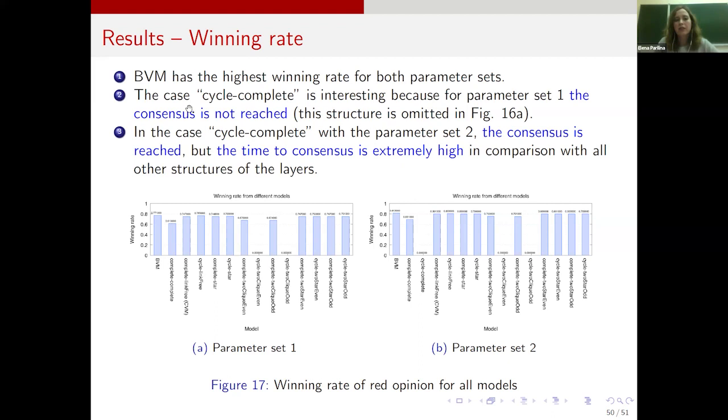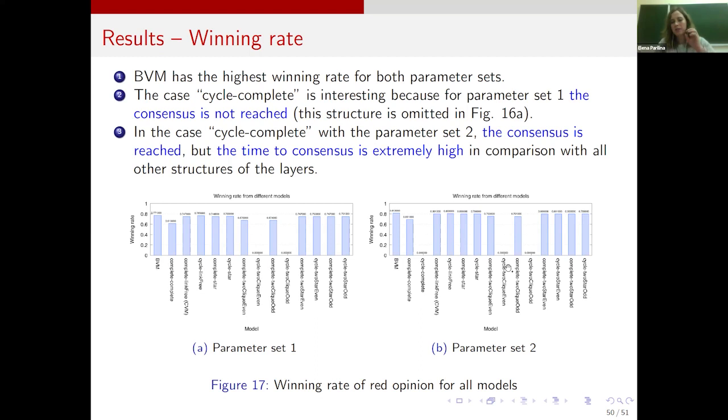The second result: if we consider the case cycle complete, as we said, the consensus is not reached. In the cycle complete with the same parameters, it is reached, but it is extremely high. And if we compare here, for example, the winning rate in the cycle and two-clique model, for both the first set and the second set, it is much lower than for all other network structures.